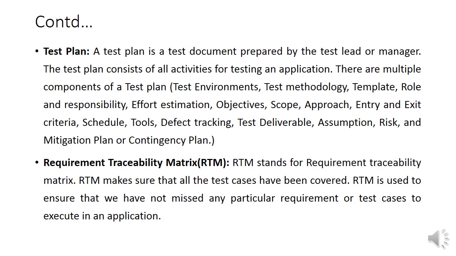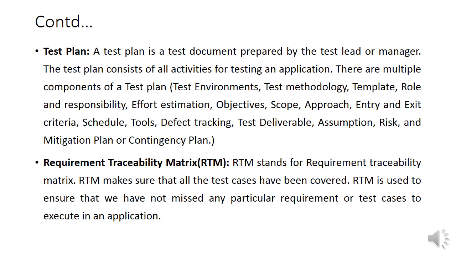It also covers effort estimation, the objectives, what it is destined for, the approach, and the entry and exit criteria. It includes the schedule, the tools we are going to make use of, how defects will be tracked, and assumptions, risks, the mitigation plan and the contingency plan.